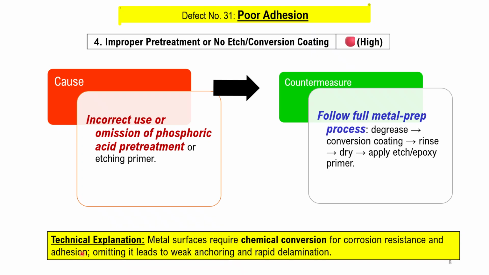Omitting it leads to weak anchoring and rapid delamination. Therefore, what we recommend is to follow the full metal preparation process, that is degrease, conversion coating, rinse, dry, and apply epoxy primer.